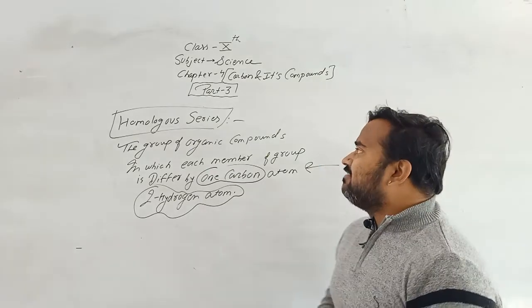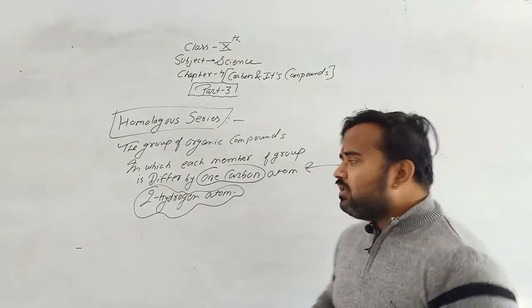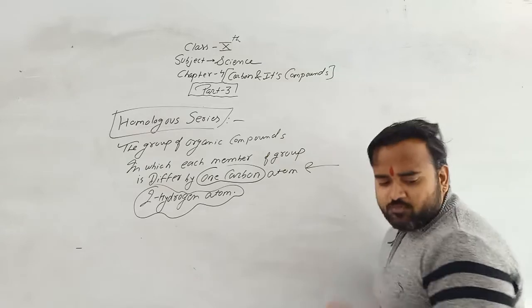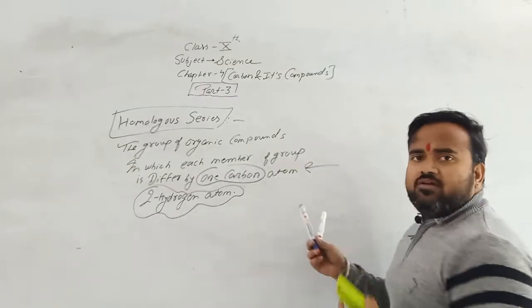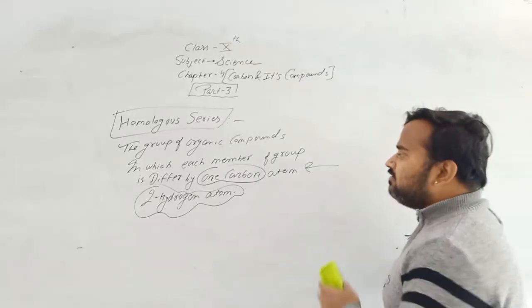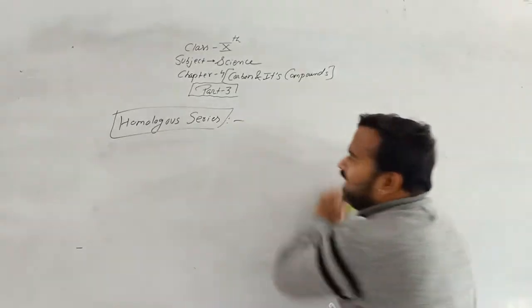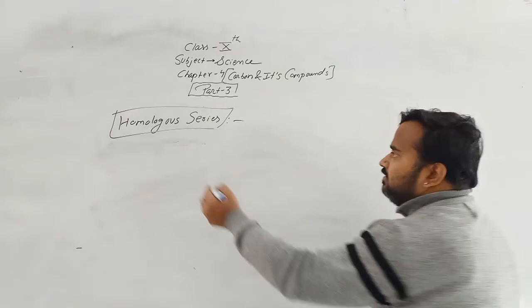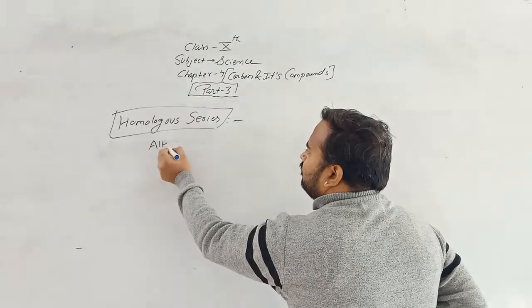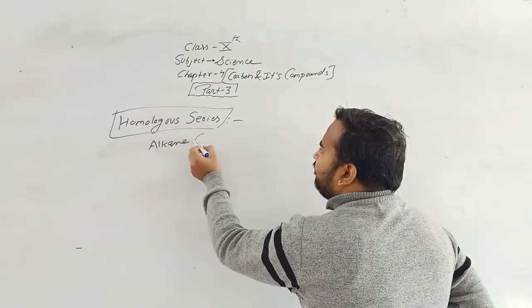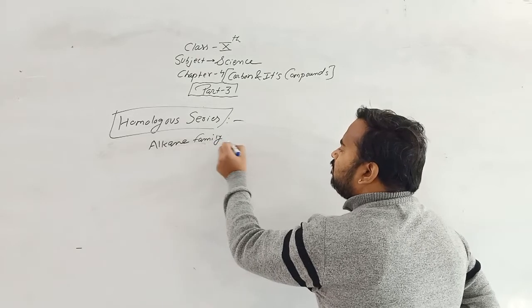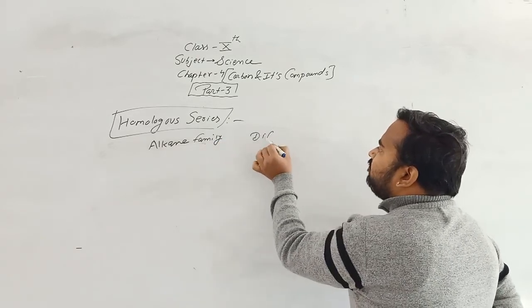Now we'll see the examples of homologous series. I hope you have written this definition. For example, I write alkane family, and here I write the difference.